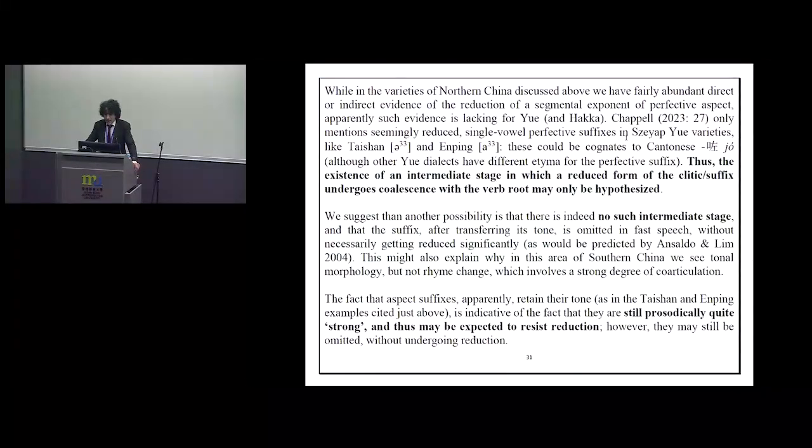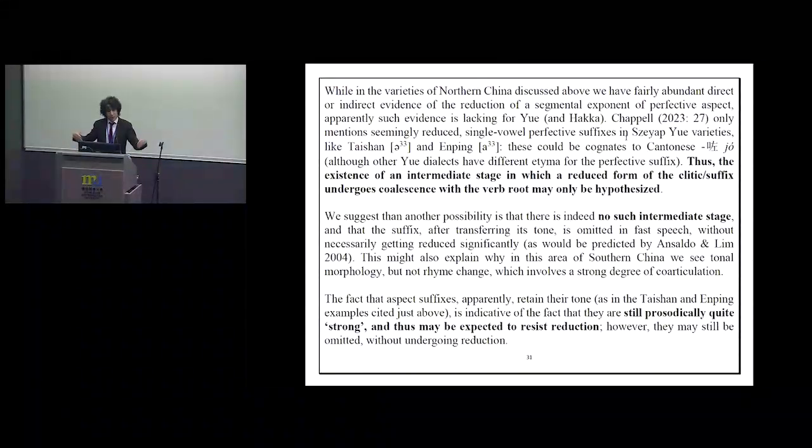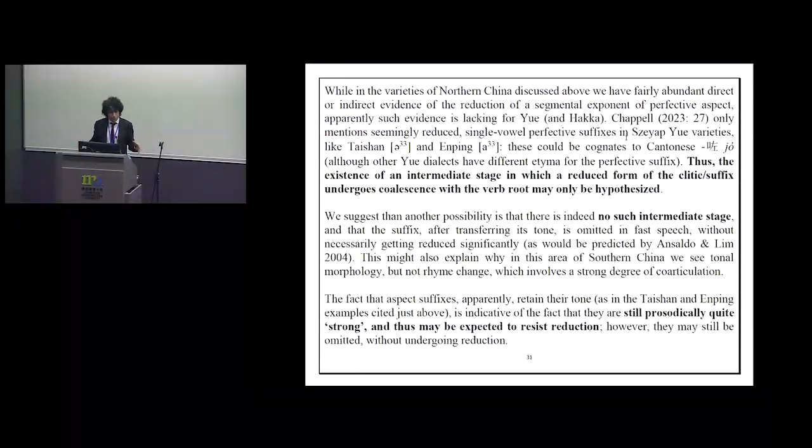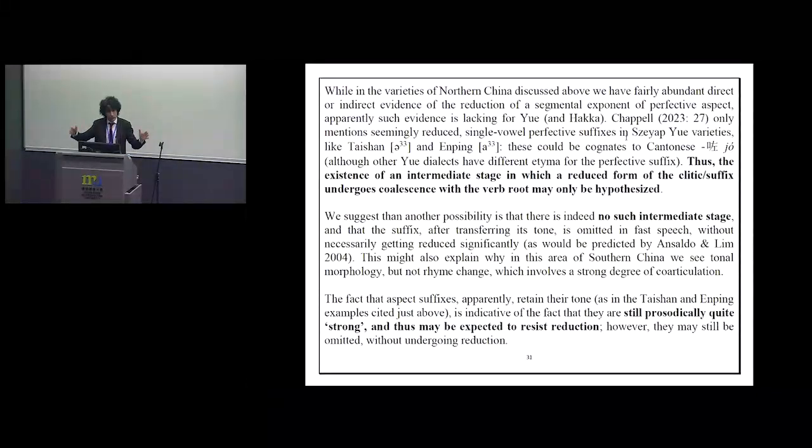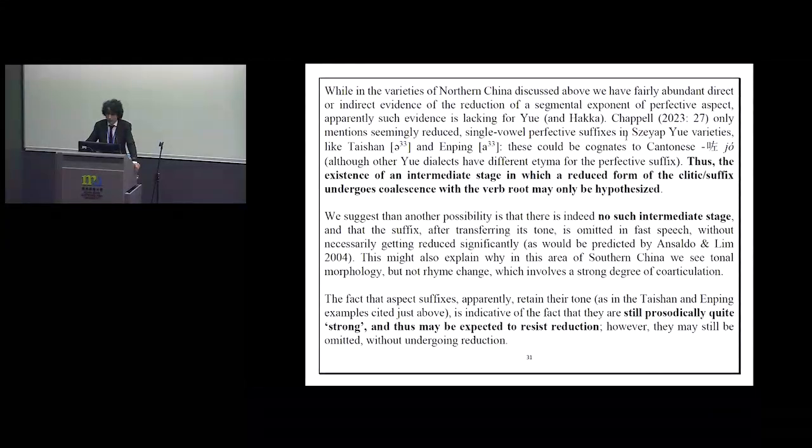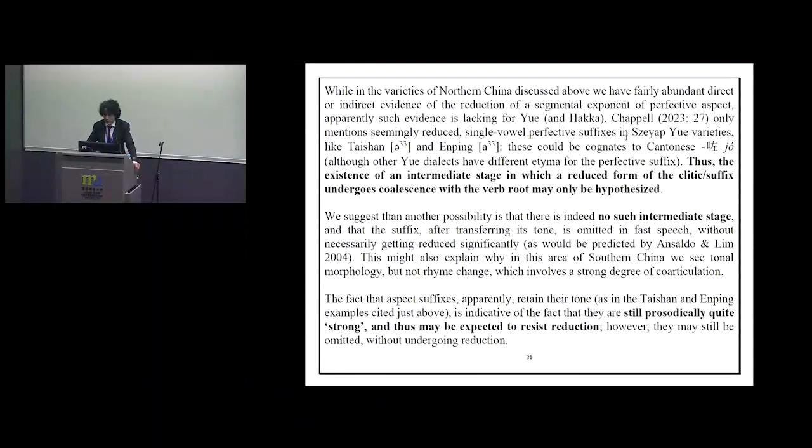And again, while in Northern Sinitic you have lots of direct evidence, as in the case of Boshan, or indirect evidence by looking at other dialects, of all the stages in the process that I described above, this evidence is mostly lacking, not entirely lacking, as we'll see in a moment, for Yue.